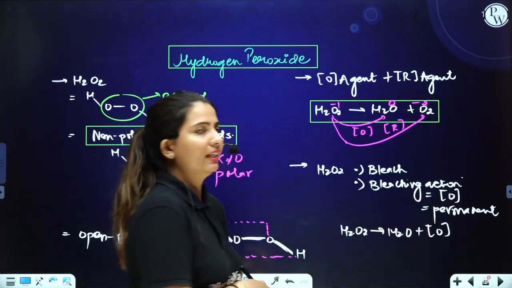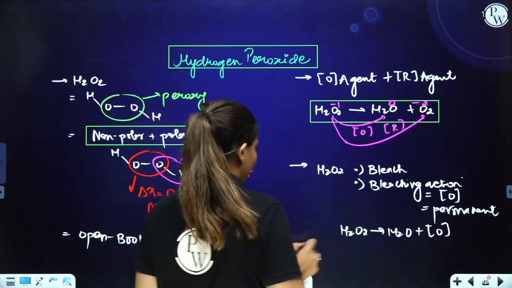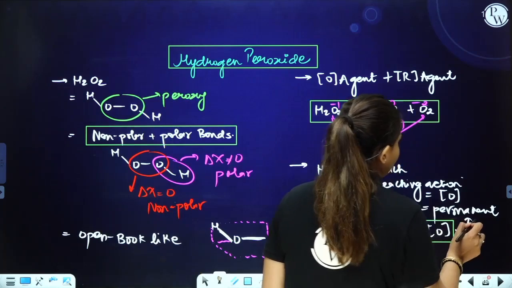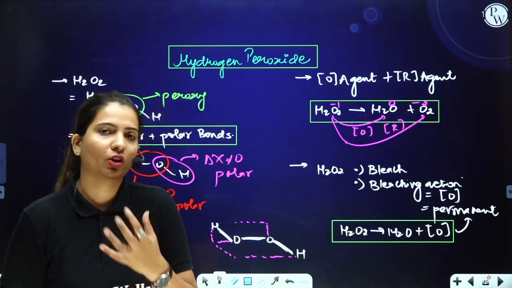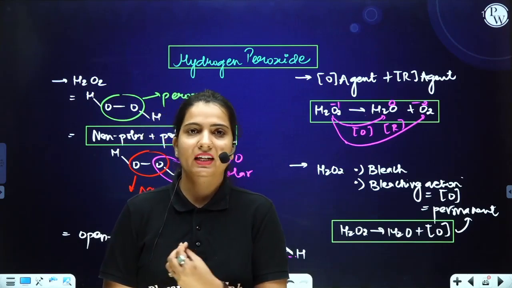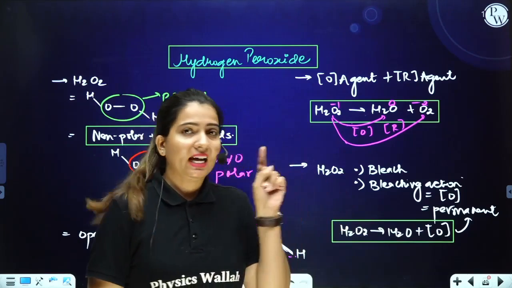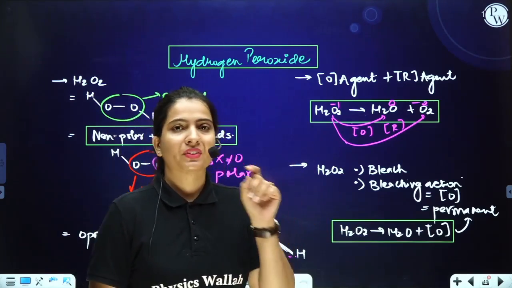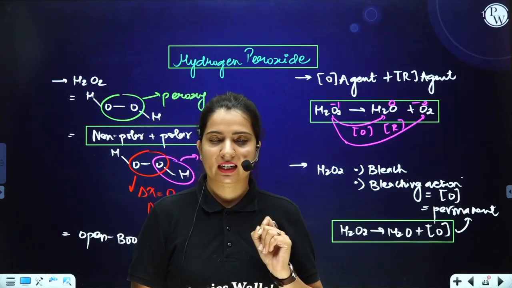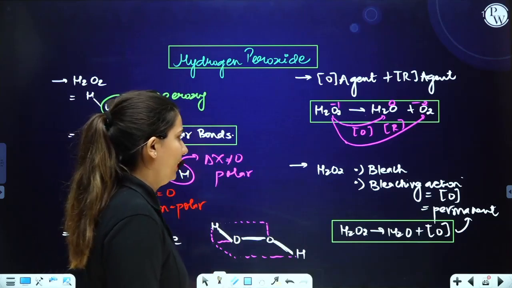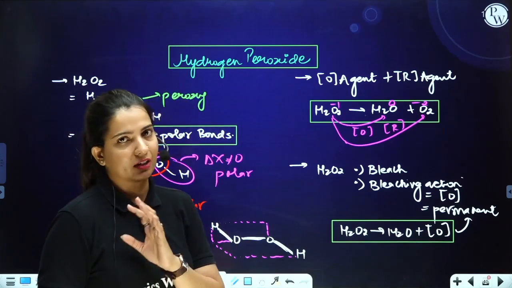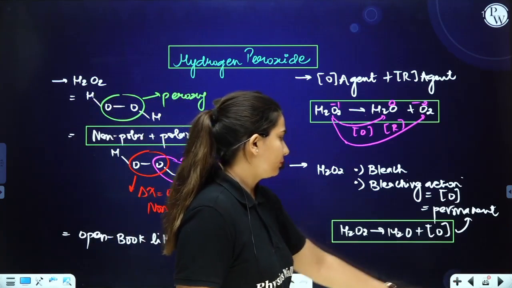The O2 we first get breaks to give the nascent oxygen. This nascent oxygen decolorizes a substance. What do you understand by a bleach? Decolorizing a substance. So the bleaching action is due to nascent oxygen, and that action is considered permanent. Okay, let's move forward.